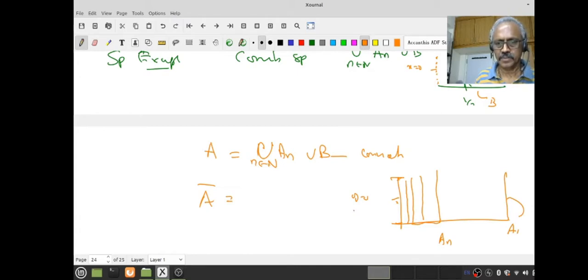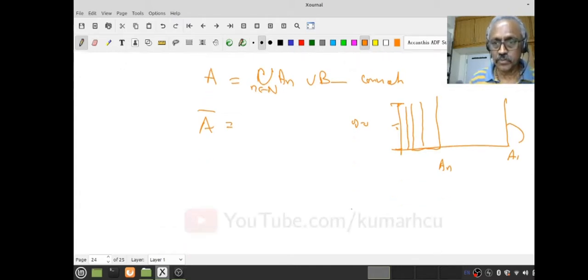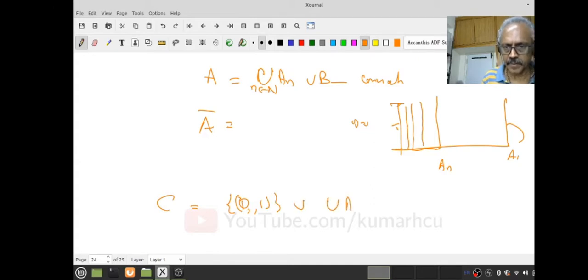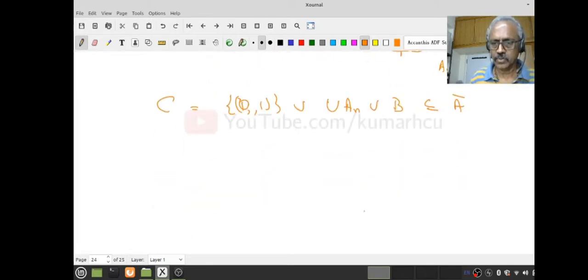Therefore this is connected. But the most important thing is, let us look at a set C which is 1 comma 0 comma 1, union A_n, union B. This is a subset of A closure. So what do you see? Again, let me look at a picture.